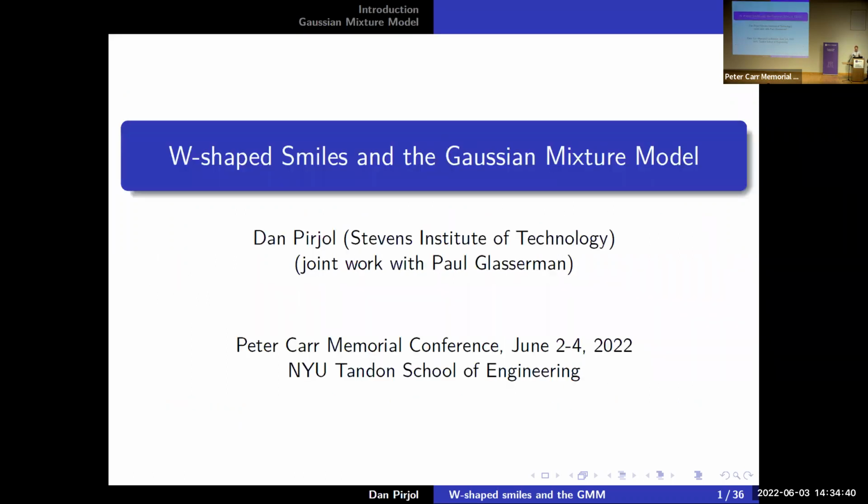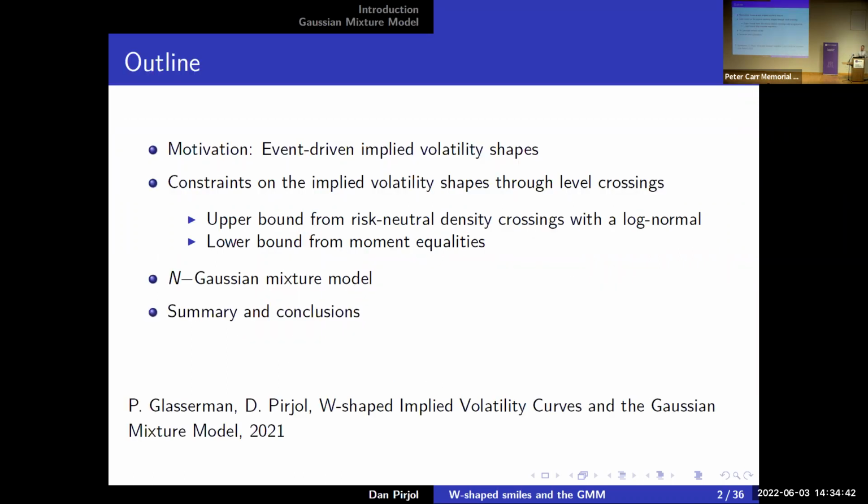Okay, so this is motivated by some recent shapes we see in the option markets, event-driven implied volatility shapes, which are very intriguing. We try to get a better understanding of the implied volatility shapes and how they relate to the risk-neutral density, and we have a new approach to do that.